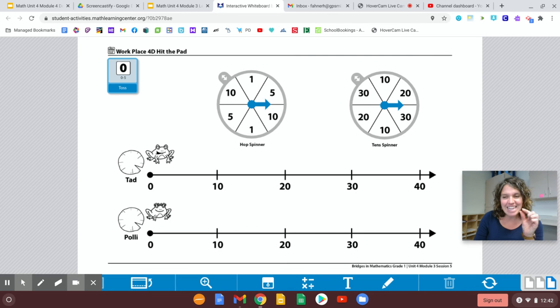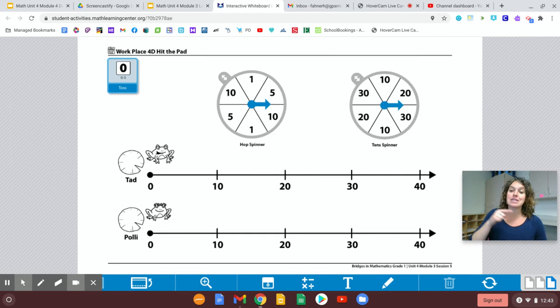But here it's a little bit trickier because you're going to have to spin to see where you're going to land. So even though you might go, oh, I know exactly how to get there, you have to spin the number and see where you land. And this is where subtracting is going to come into place.